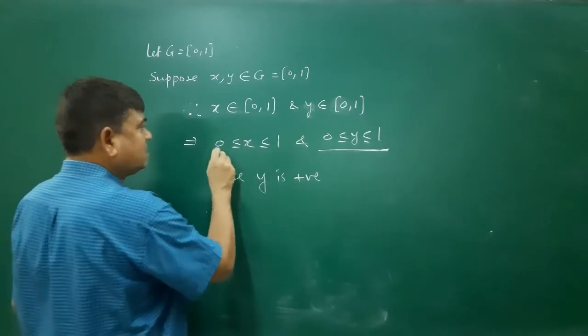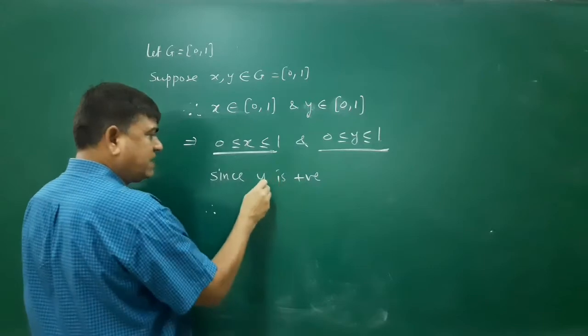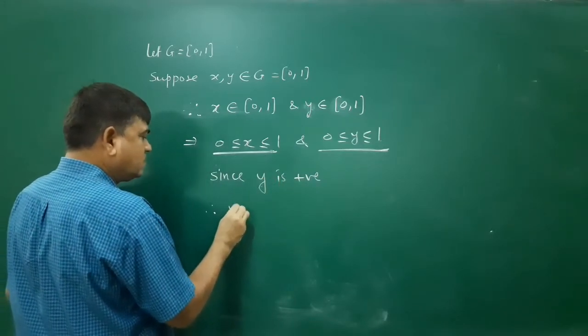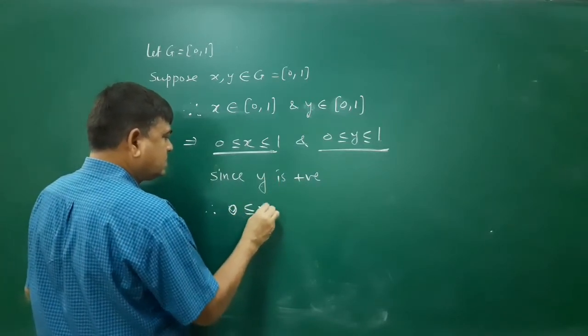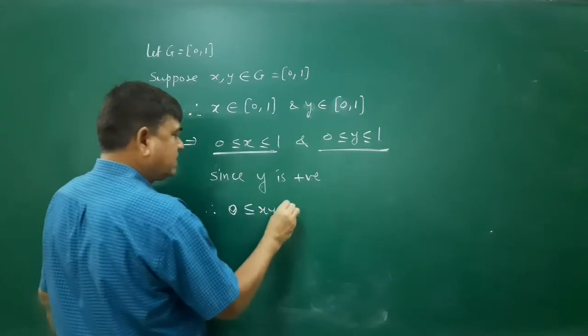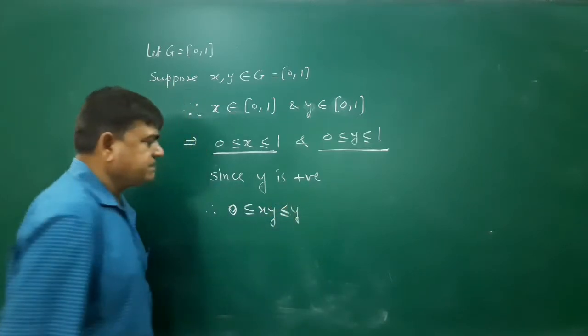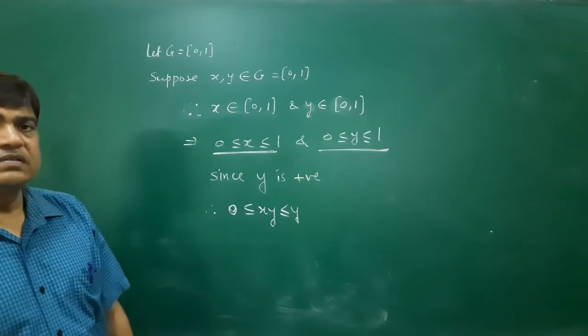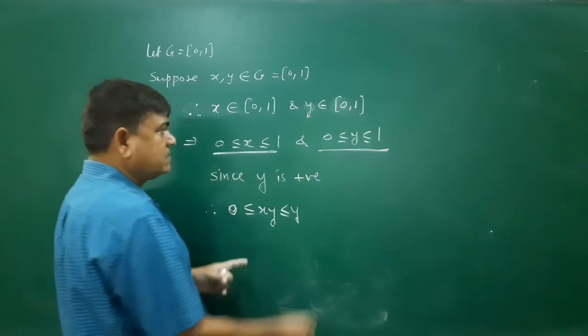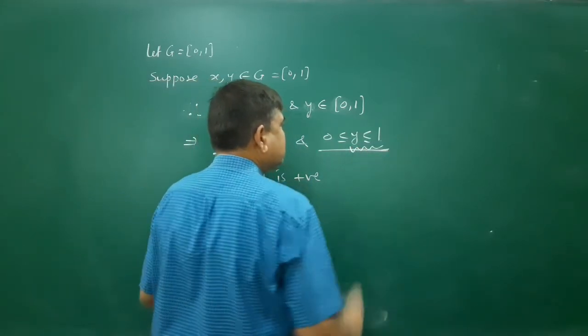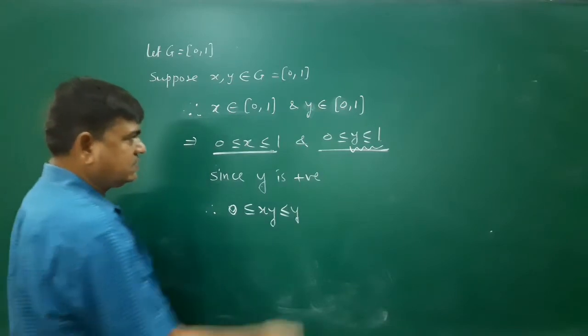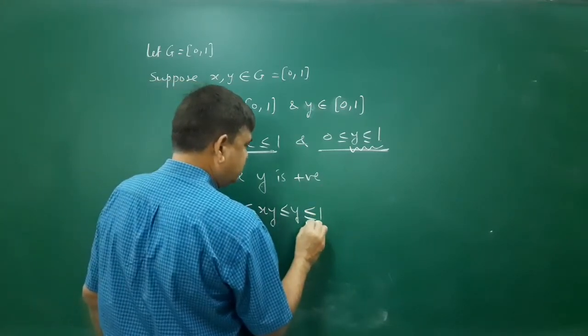Therefore, we multiply this by y. So it is 0 less than or equal to xy, and here it is y. But remember, this y is less than or equal to 1.